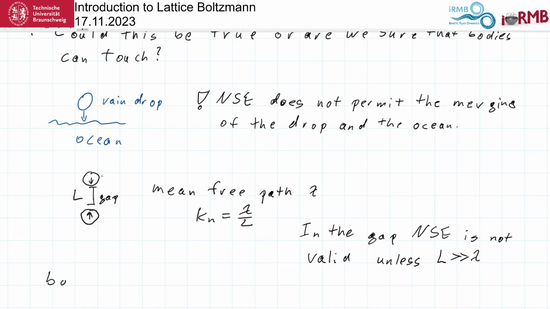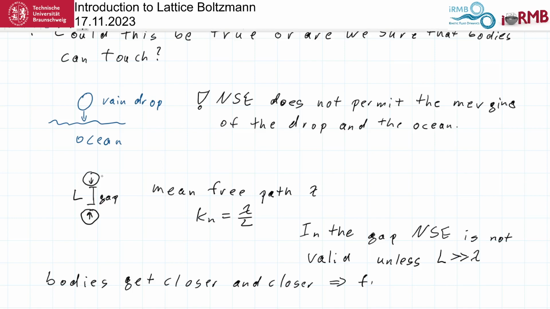And when bodies get closer to each other, they will finally get closer than the mean free path, and then the Navier-Stokes equation is over, and then other physics, or the real physics, takes over.